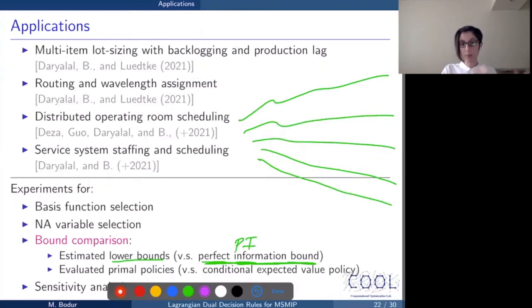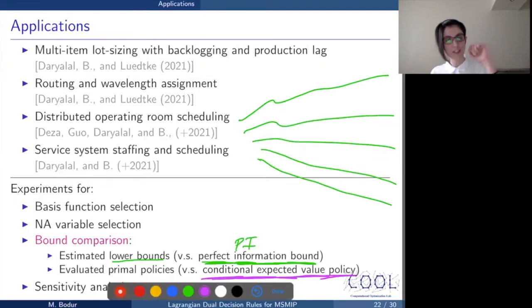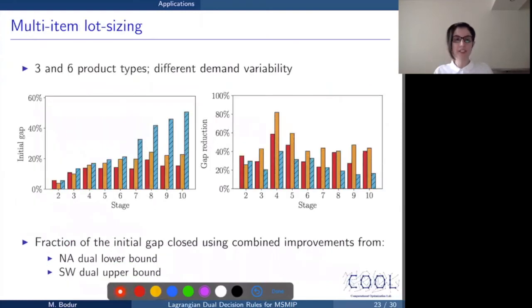And for the sake of our primal policies, I will consider not a myopic, but a little bit better informed policy, namely this one that I already reviewed, the conditional expected value policy.